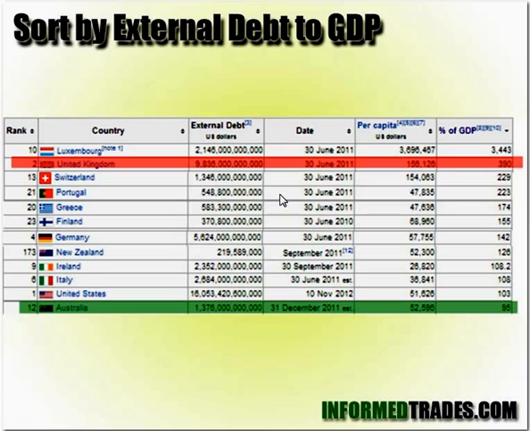And historically, that's been one of the catalysts for a hyperinflationary episode: foreigners abandoning a currency, and its value drops precipitously. Here, this chart, which comes from Wikipedia, shows Luxembourg really off the charts, but the United Kingdom is pretty high, and Australia is relatively low.